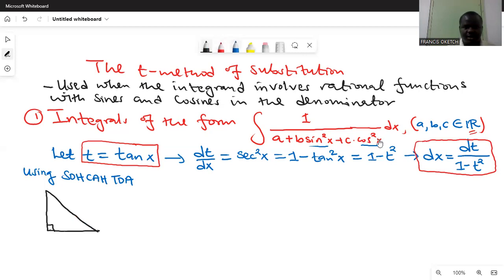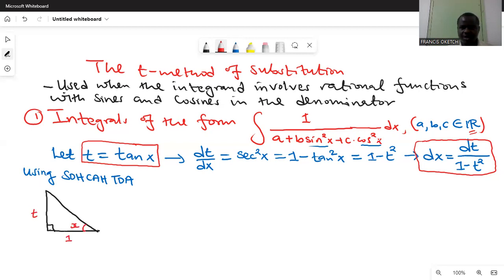Now we are given that tan x is t. That can be written as t over 1, so that the opposite is t and adjacent is 1. So our angle there is x, opposite is t because tan x is equal to t, adjacent is 1. So to get the hypotenuse, we are going to use the Pythagoras theorem.